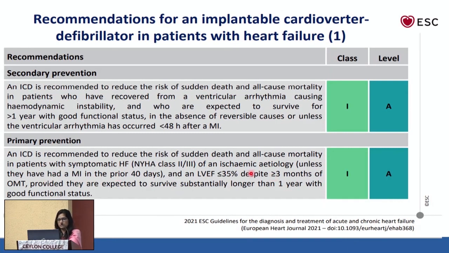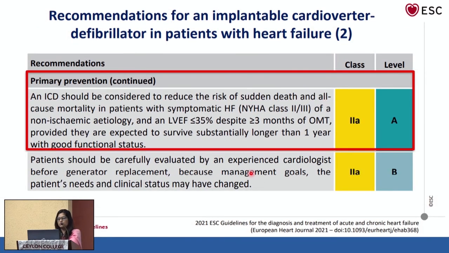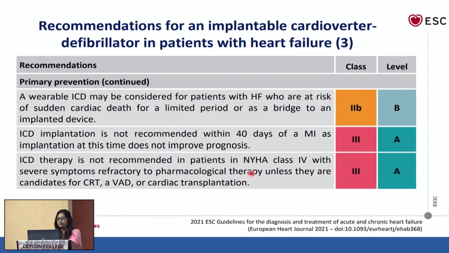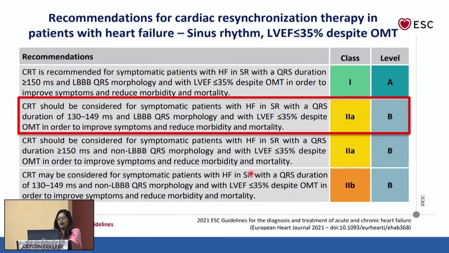So for the ischemic etiology, ICD has class 1A indication, and with the introduction of the new guidelines, for the non-ischemic etiology also it has a place with a 2A indication. Anyway, ICD implantation is not recommended within 40 days of MI, as implantation at this time does not improve the prognosis. And now we'll move into cardiac resynchronization therapy.